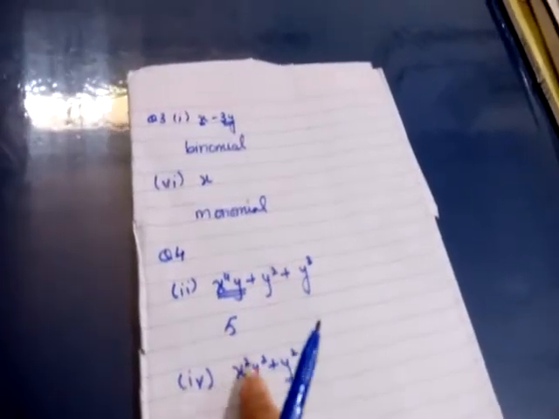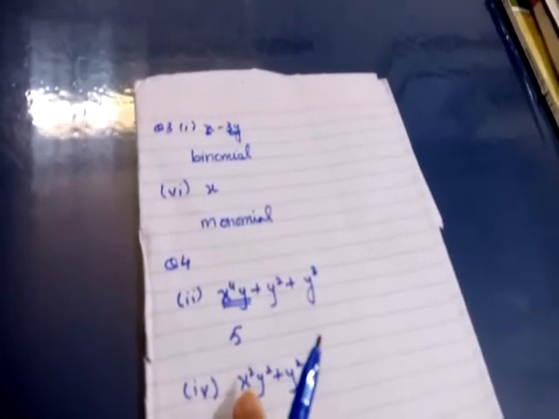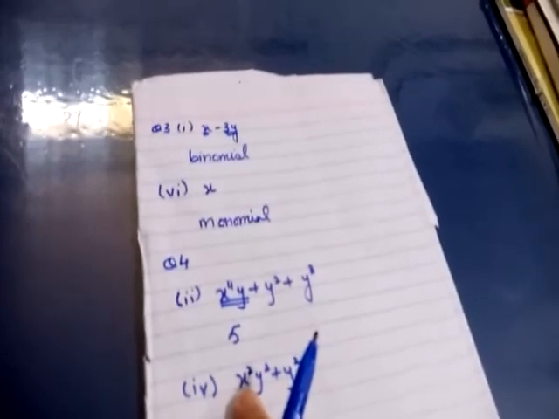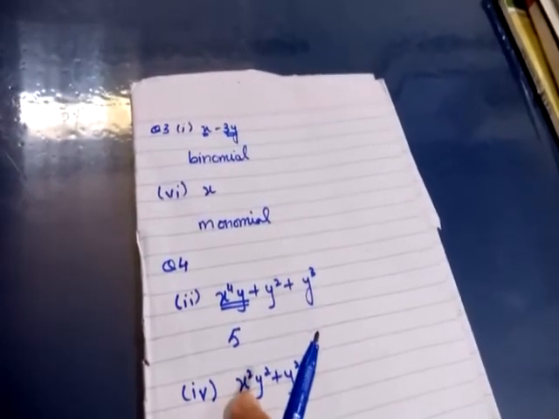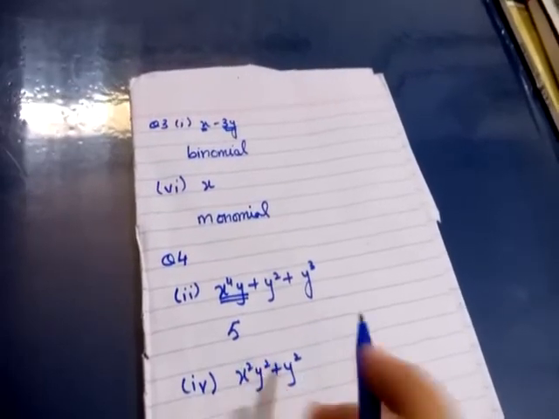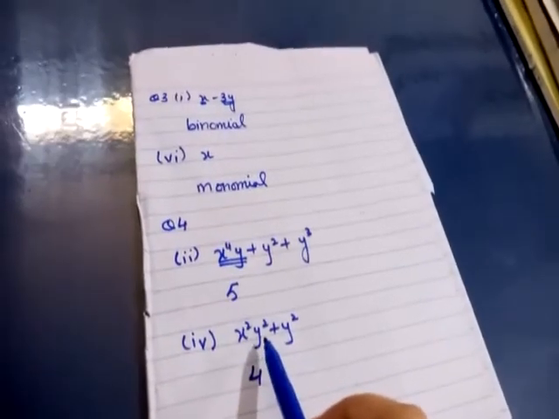We will add both the powers together, and then we will assign its degree. 2 plus 2 is 4. So by adding the power of x and the power of y, we got 4. So 4 is the degree of this polynomial.